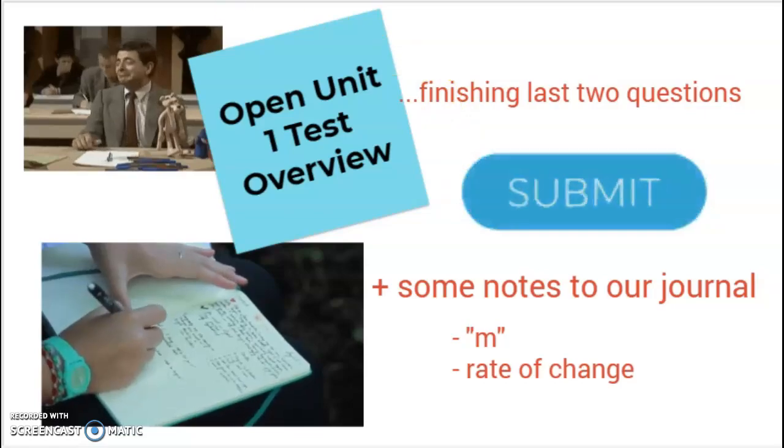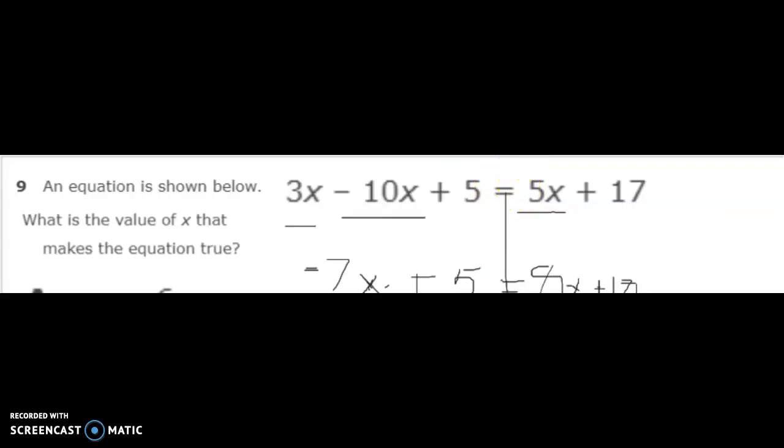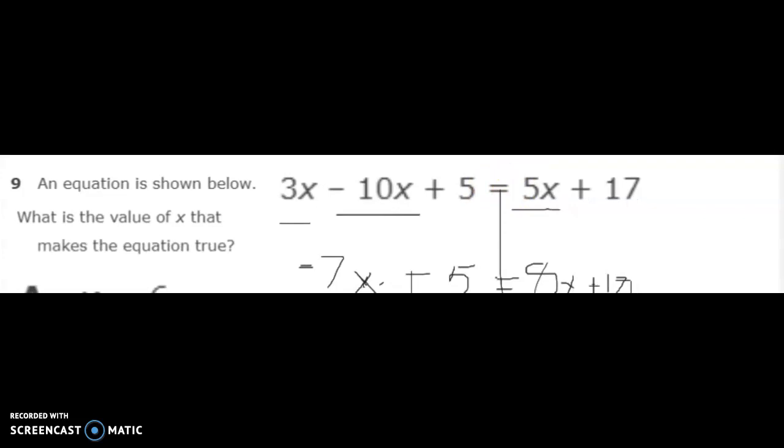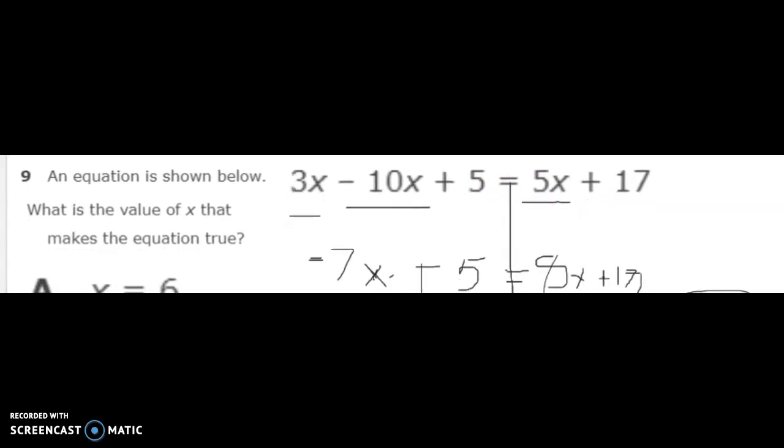So this problem was done by one of the students in your class. What we had to do first, split up the problem, right? If I look at the left-hand side, I notice that I have multiple x's. I can combine those before we start moving stuff.